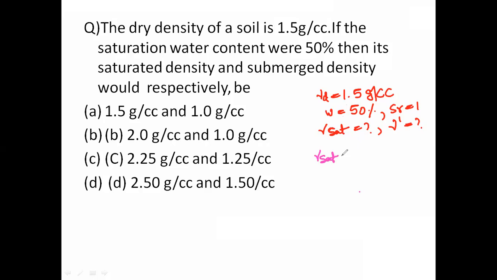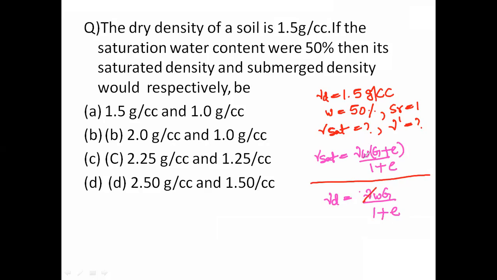We know that gamma sat is equal to gamma w times (G plus e) divided by 1 plus e. And also we know that gamma d is equal to gamma w G divided by 1 plus e. Now I will divide the two.